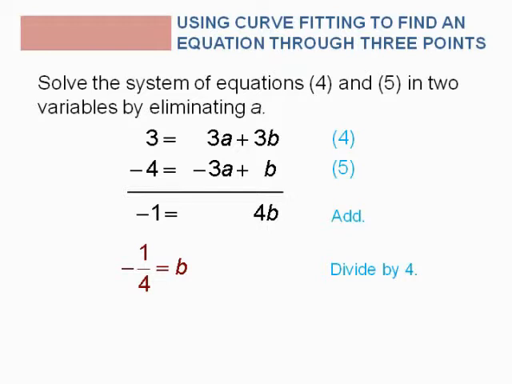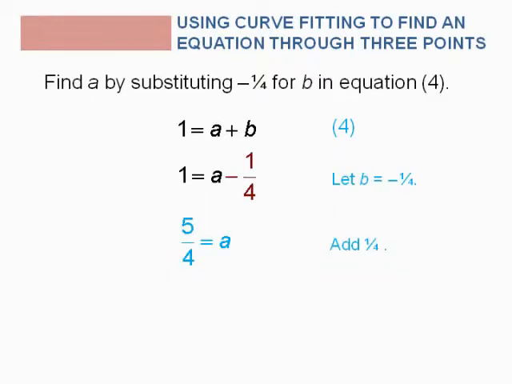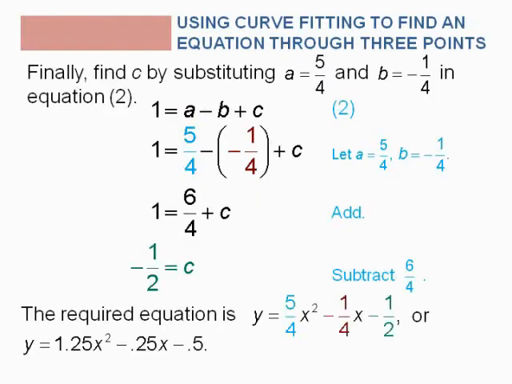Then adding the two equations together, we can eliminate a's, which gives us 4b equals -1. Once we get b is -1/4, we substitute back into equation 4 and put in -1/4 for b. A will be 5/4.